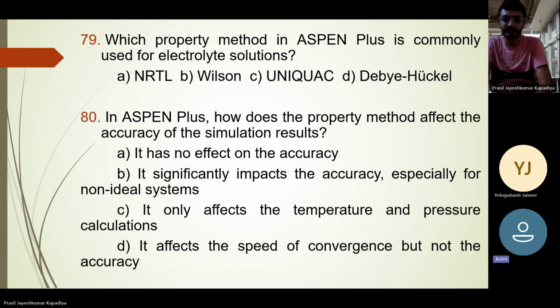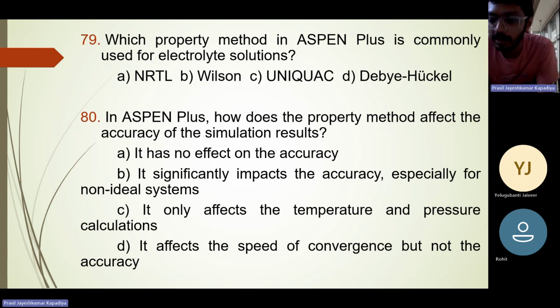It should be B. If we remember when we did benzene-toluene, we generated XY data and matched it with ideal, and it matched. But when we did the same for ethanol-water, it was not ideal and did not match experiments. So it significantly impacts accuracy, especially for non-ideal systems, because there will be deviations due to interactions.